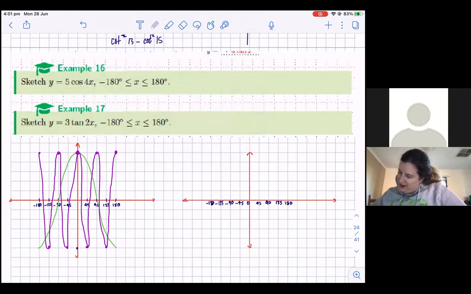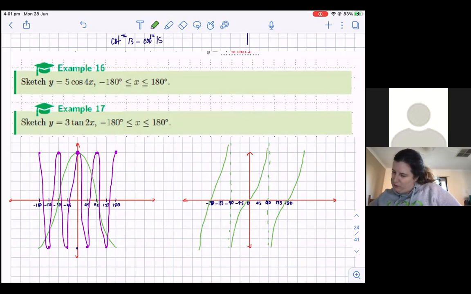Now, normally tan has asymptotes every pi on 2. So normally it would look, we're not going to worry about the stretch factor, kind of like that. This time we're happening twice as often.